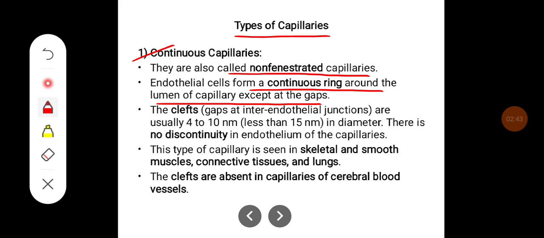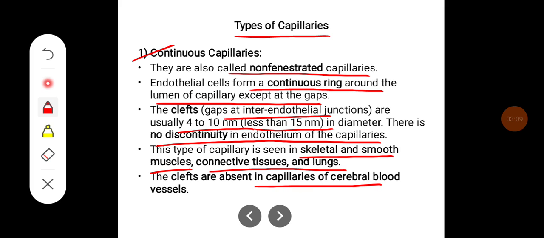The clefts, the gaps at the interendothelial junctions, are usually 4 to 10 nanometers, that is less than 15 nanometers in diameter. There is no discontinuity in the endothelium of these capillaries. This type of capillary is seen in skeletal muscle and smooth muscles, connective tissue and lungs. The clefts are absent in the capillaries of the cerebral vessels.